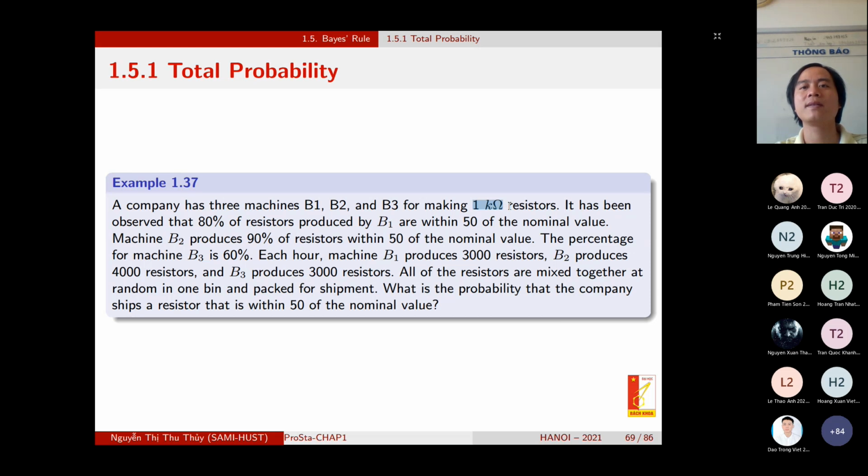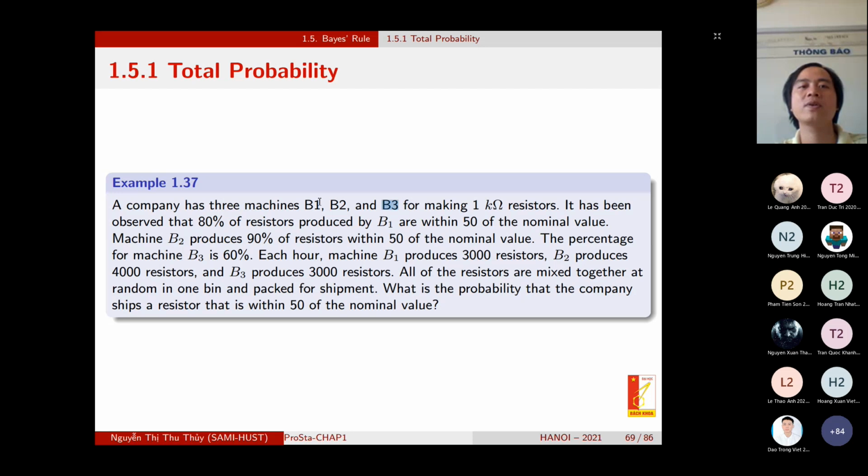That means if we randomly choose one resistor from this company, it can be made by machine B1, or machine B2, or machine B3.